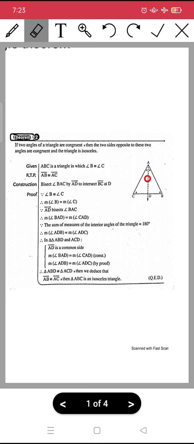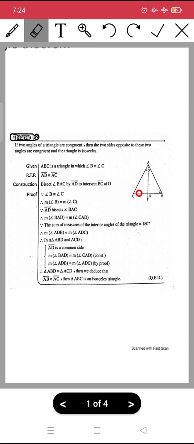First, we will draw a construction to help us prove this theorem. We will bisect angle BAC by ray AD to intersect BC at D. Bisect angle BAC means that we will divide this angle into two equal angles. We'll start the proof.